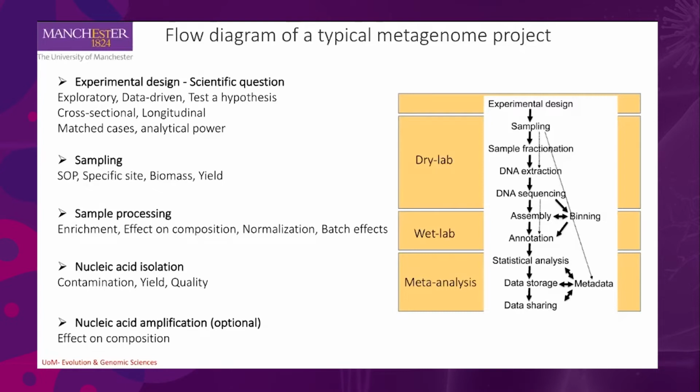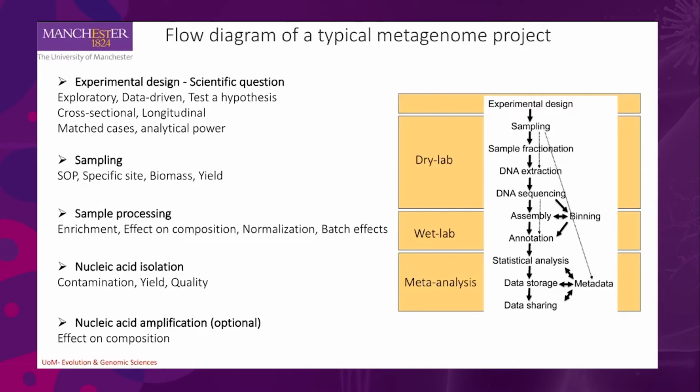Since we're discussing human tissue, we need to make sure that we're sampling a specific microbial niche, and if not, measures need to be taken so we don't get contamination from other microbial niches. And we will see in the following slides the effect of the biomass in relation to the yield of the microbial DNA that we can pull out from the sample.